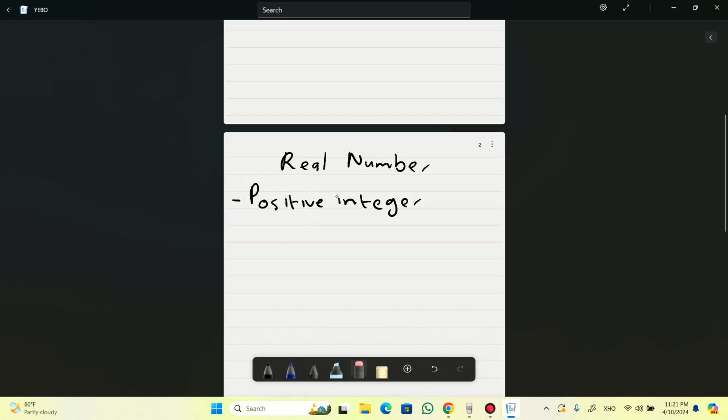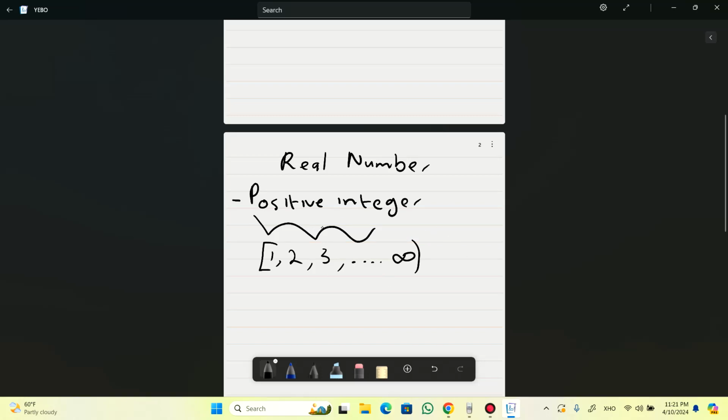So positive integers are what we use to count things, meaning positive integers are numbers from 1, 2, 3, etc., continuing, right?